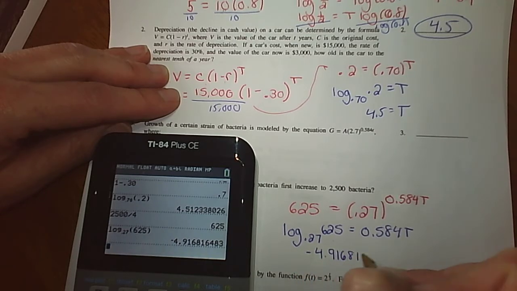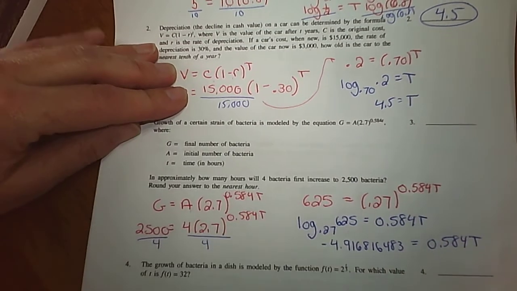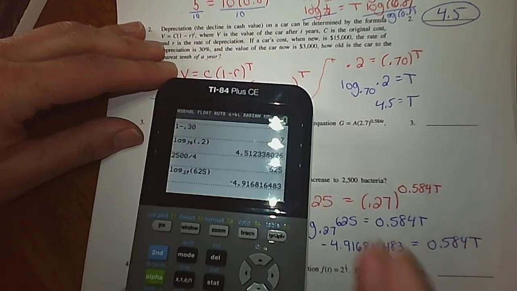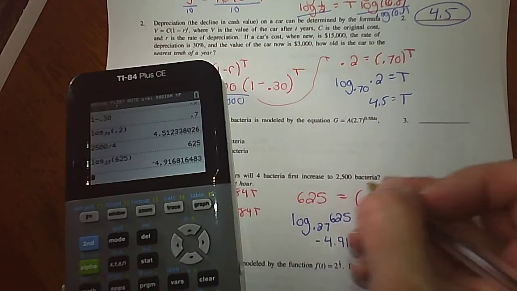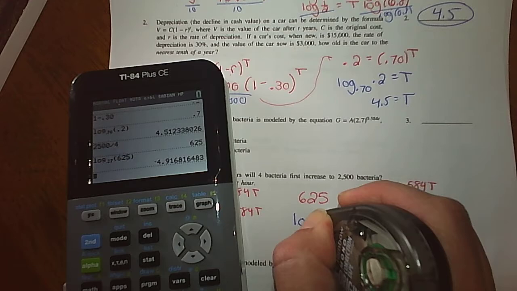Now I'm not going to round until the very end, equals 0.584T. Just going to double check what I've got written here. 2.7, oh, that's why. I'm a little off when I typed it in my calculator. It's 2.7, not 0.27. I'm going to make a little fix.